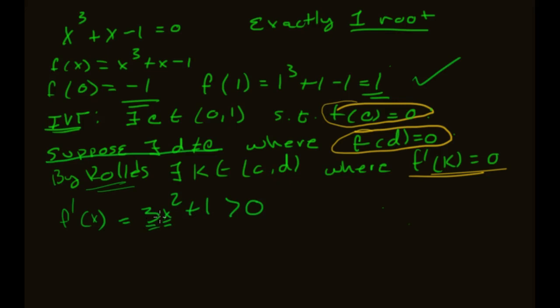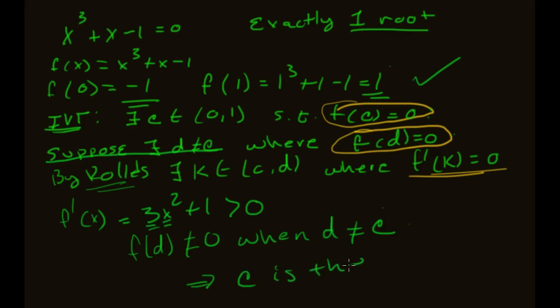This function, in fact, is always increasing. Okay, so because we have this contradiction, this means that f of d cannot equal 0 when d is not equal to c. So this means, in other words, c is the only root.